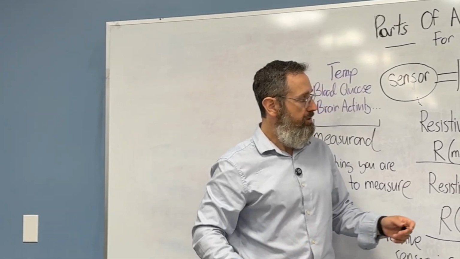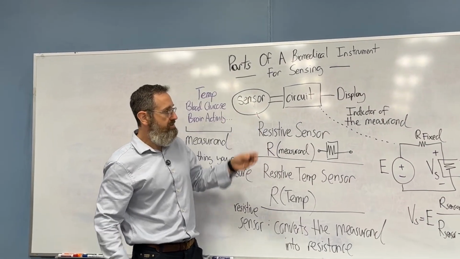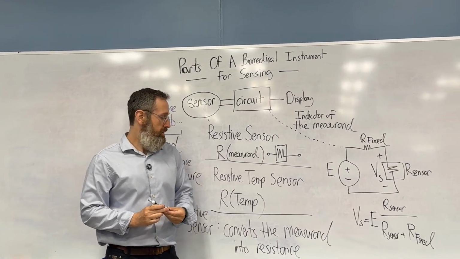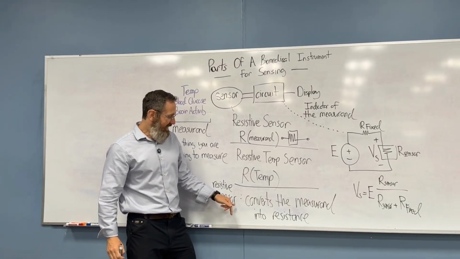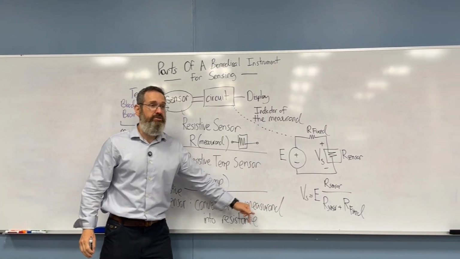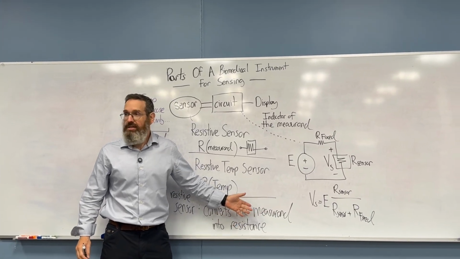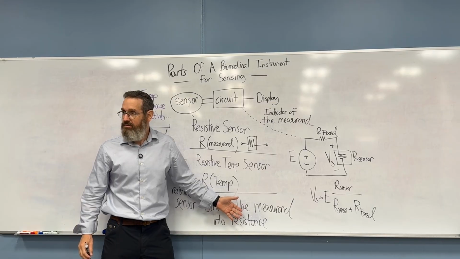Now, for this process to be quantitative, we don't just need to know that the sensor converts the measurand to the resistance. We need to know how. We need an expression for this.